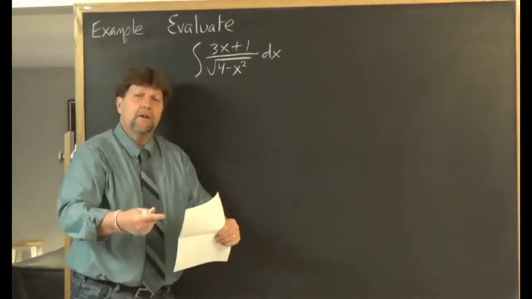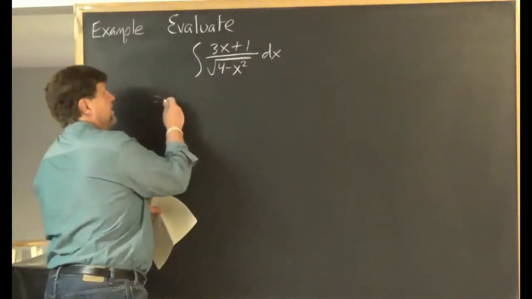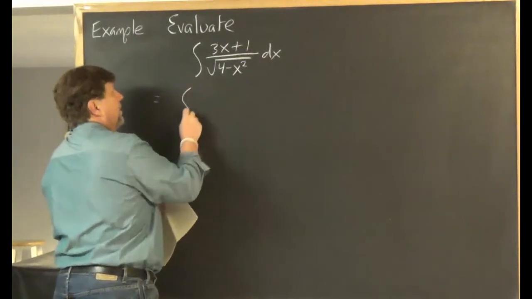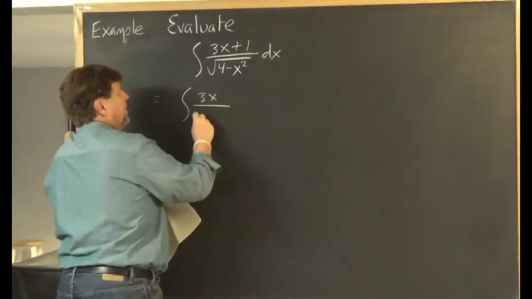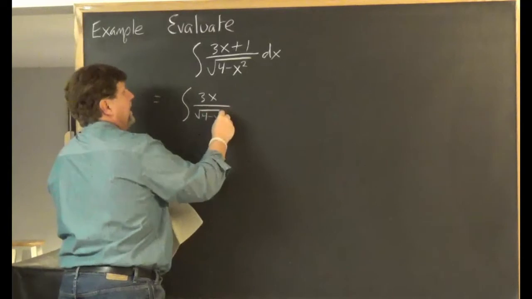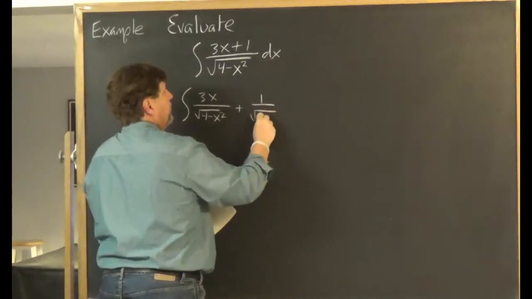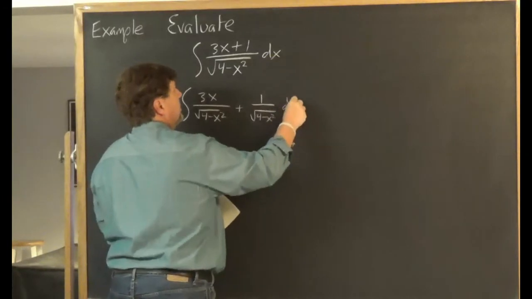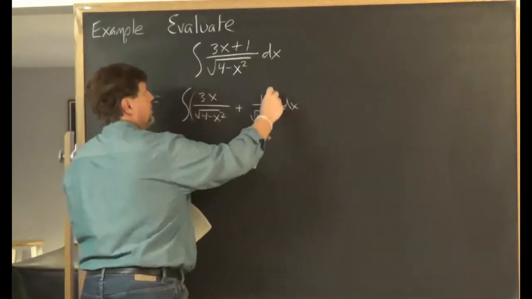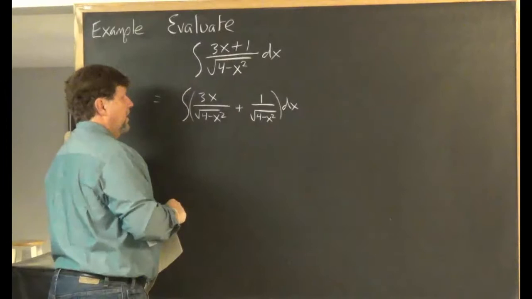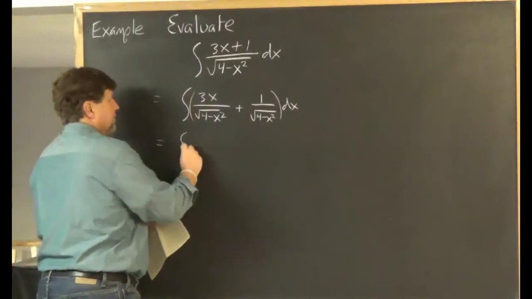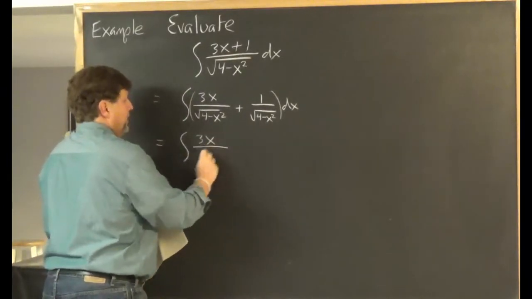And that tells me how to start the problem. I start by splitting it into two fractions. Or let me put in this extra step, just for fun, since I have the room.